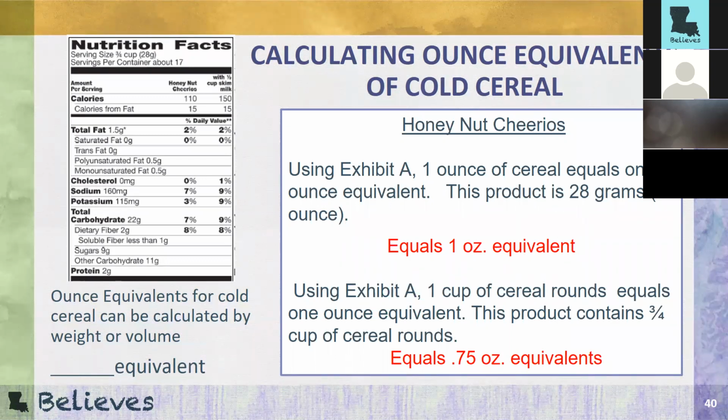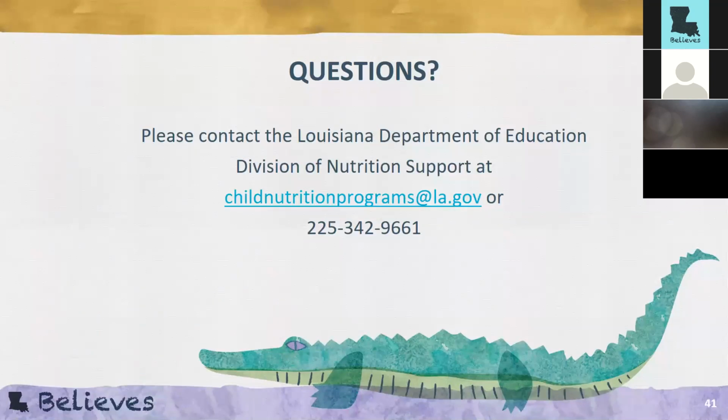So this product is only 3/4 of a cup of cereal rounds, so it would equal 0.75 ounce equivalent. If I'm trying to meet the grain requirement for say K-8, and I only needed 1 ounce equivalent, I would want to use the grain from the Exhibit A chart for weight.